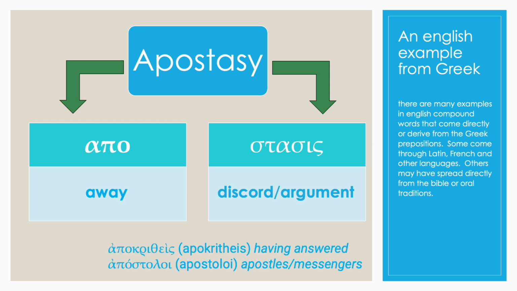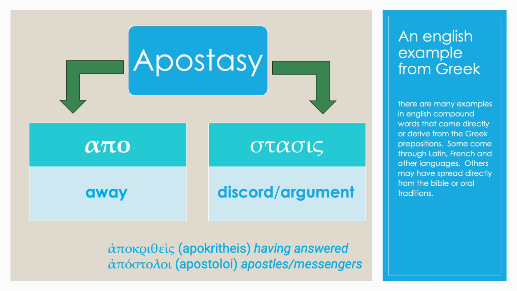And by the way, do remember that we pronounce the omicron with a hard O at the end of apo. On its own, it sounds a little bit weird to say it like that. We naturally want to say it as apo when we pronounce it with an English accent. But as you can see in the word apostasy, it is a hard O. And we'll have quite a few words in Greek.